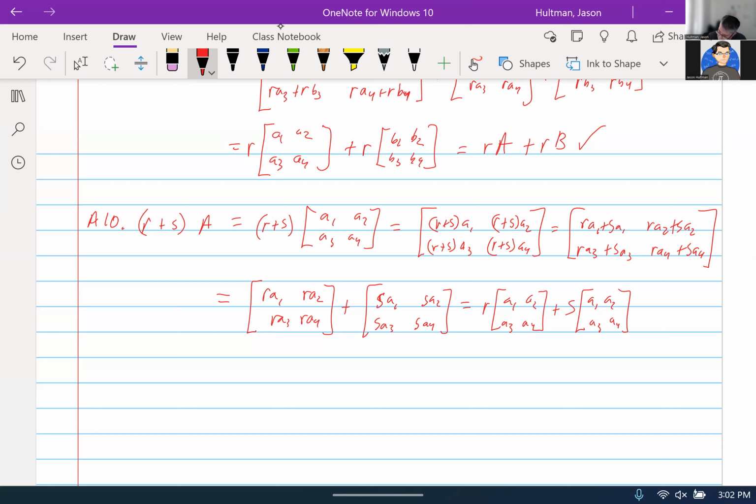So we just factored the R and S out, which is RA plus SA. And so that checks. And so we could say that, yes, M2 satisfies all 10 properties.